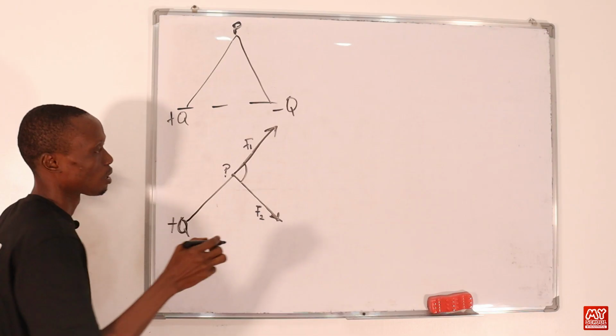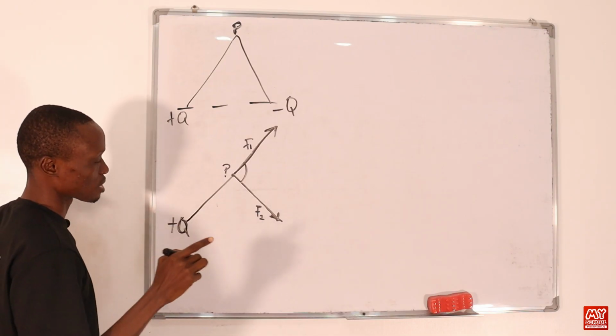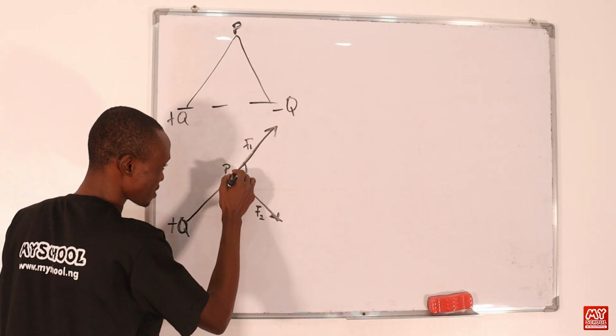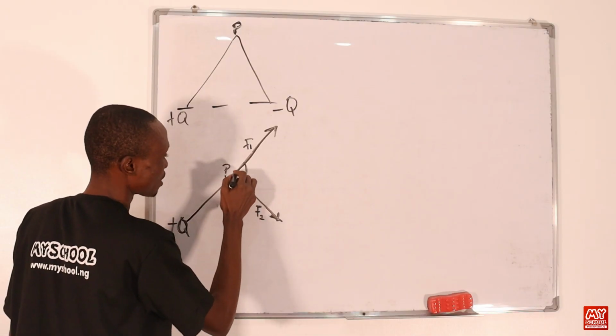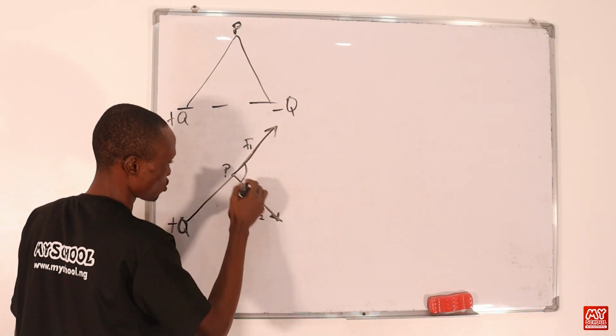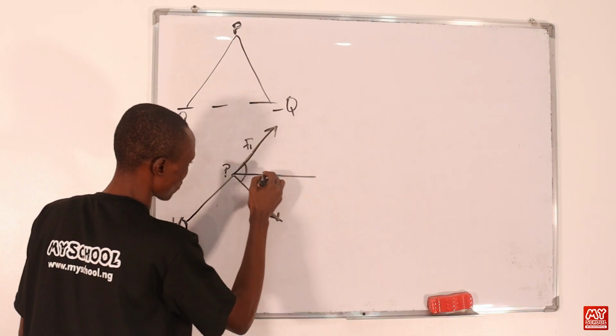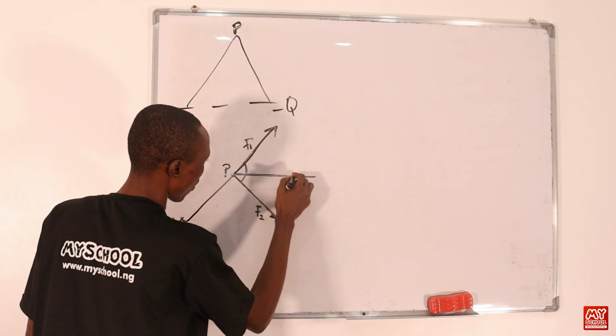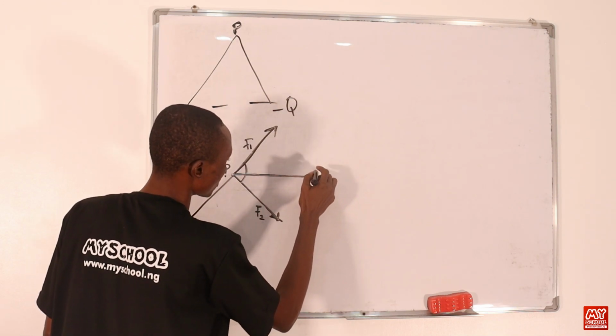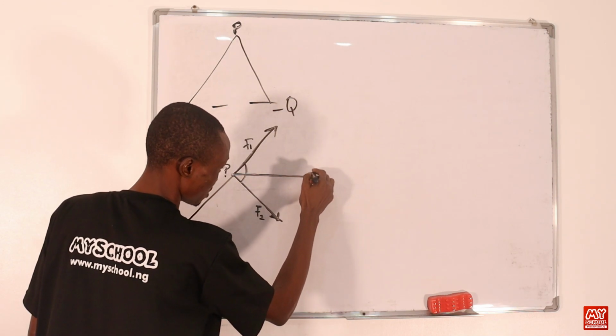Now, the electric field intensity is represented by the line that bisects these two forces, the resultant of these two forces, and it represents the electric field intensity.